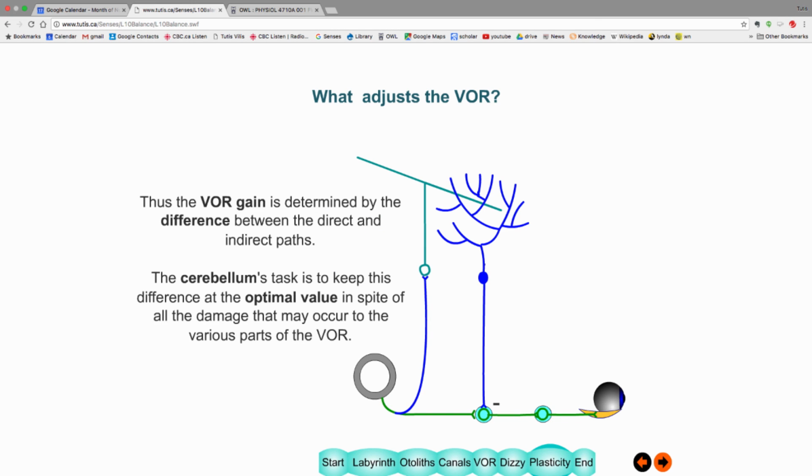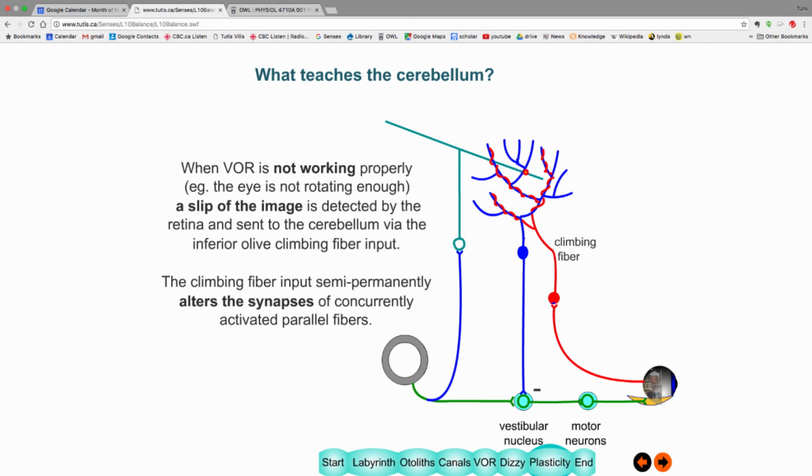Now, how does it do it? Okay, so the cerebellum's task is, whenever something goes wrong, to readjust it. So you can see here, something is wrong, and when something is wrong, of course, there'll be images slipping on this retina, and any image slipping on this retina elicits the firing of this structure here, which elicits the activity of climbing fibers, which act like a vine encircling the branches of this Purkinje cell.